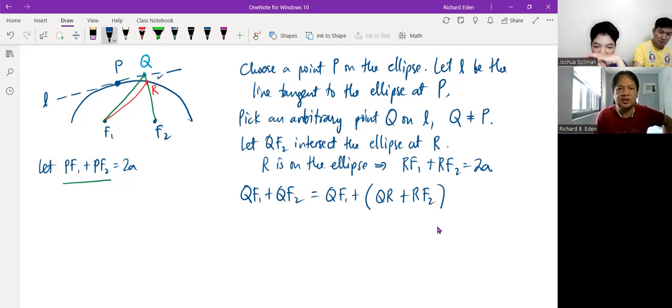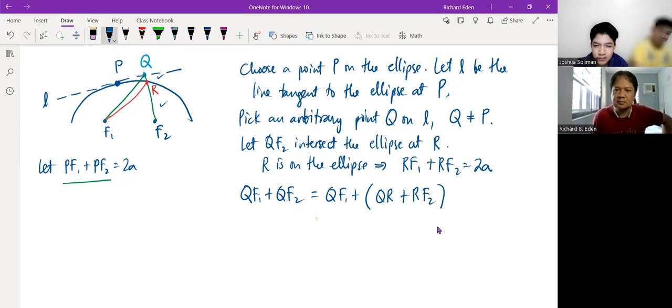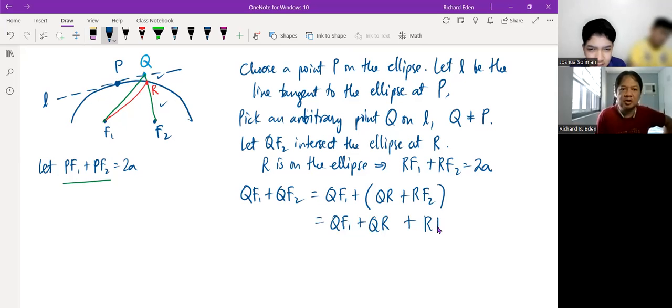I just split it. QR and then RF2, that's going to be QF2. And then I'm going to regroup: QF1 plus QR plus RF2. But what is QF1 now? Here is QF1, and here is QR.